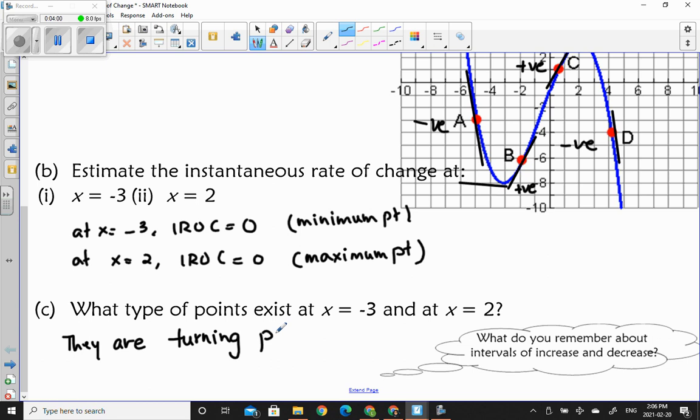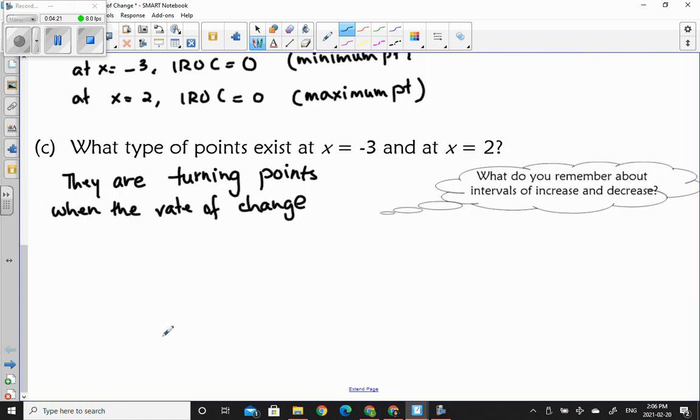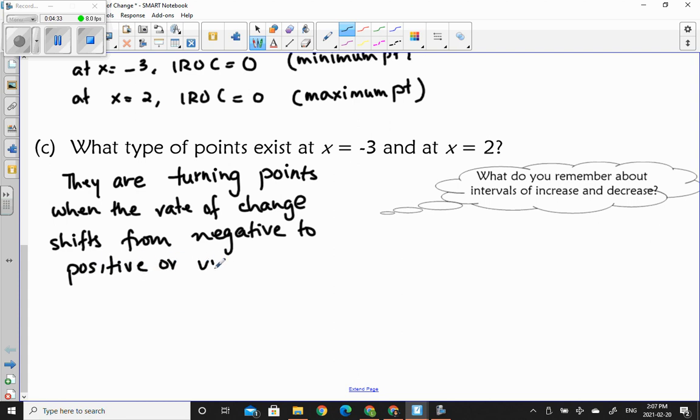So they are turning points when the rate of change shifts from negative to positive, or vice versa, the other way around.